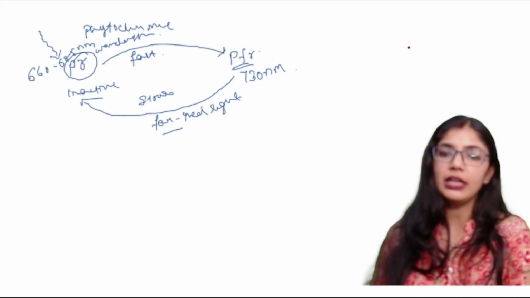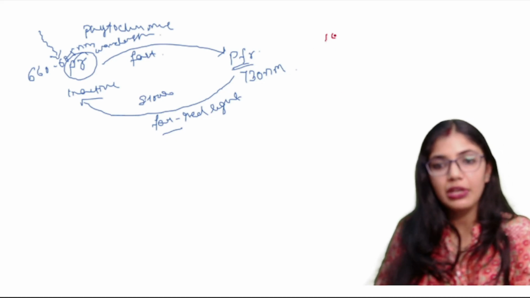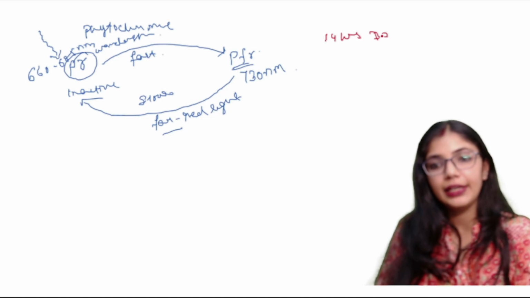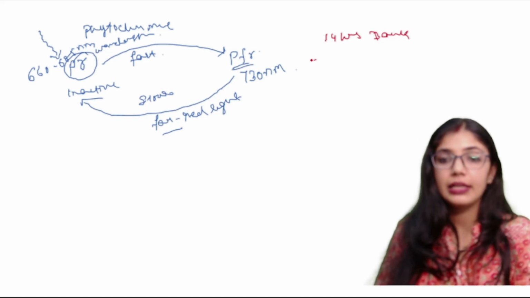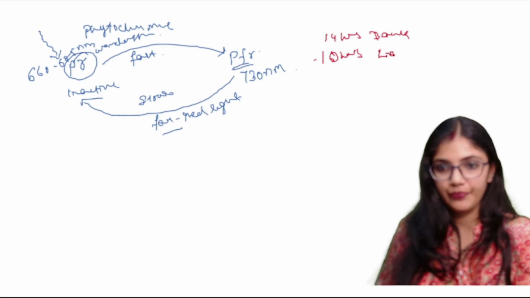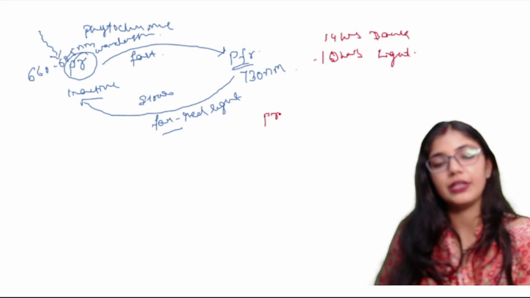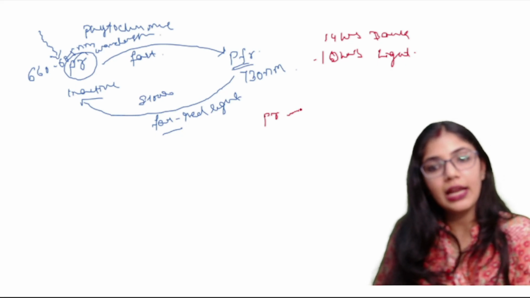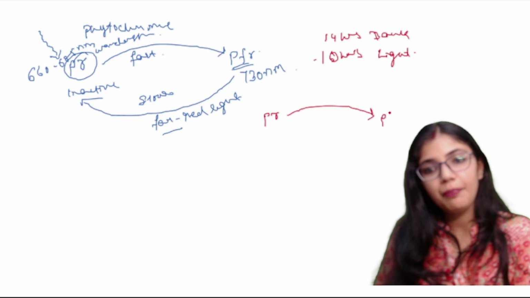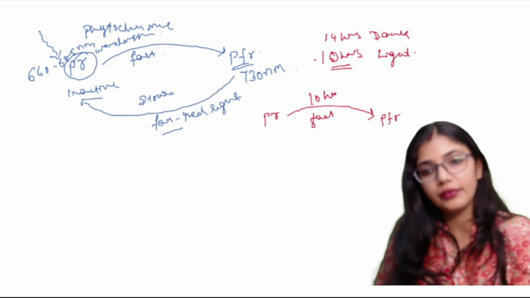Suppose in the dark condition, what happens? For example, we have 14 hours of dark condition and 10 hours of light condition. So what happens in this case? The PR form which is present receives the red light and converts into PFR, and this is the fast process and it requires 10 hours.